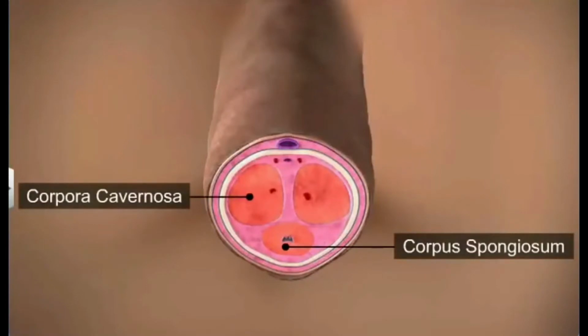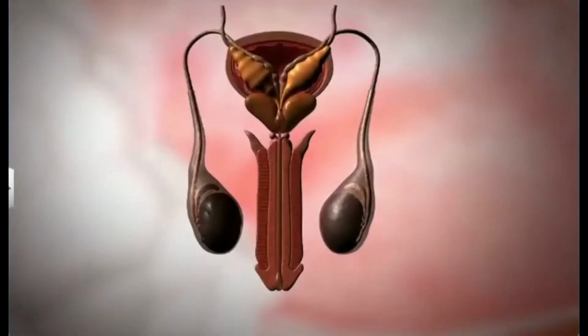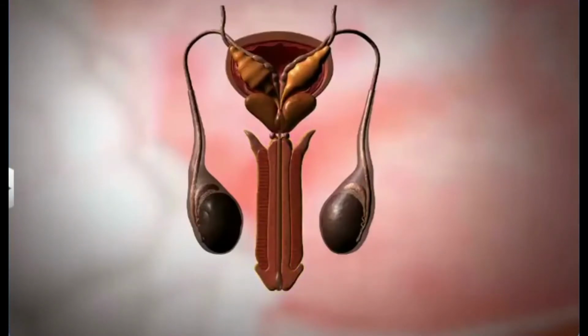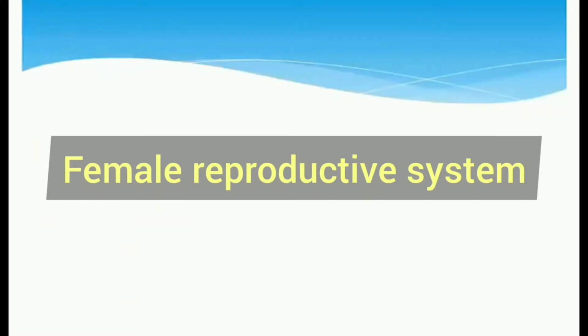The tip of the penis covered by the prepuce is called the glans penis. The penis, urethra, vas deferens and Cowper's gland together help in copulation and in the deposition of sperm within the female body. Now we'll study the female reproductive system.